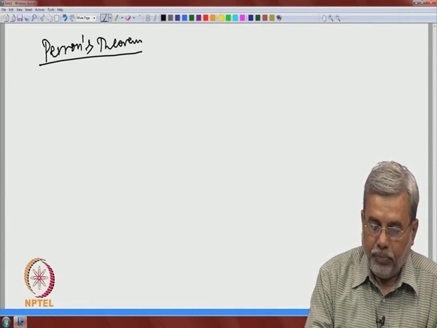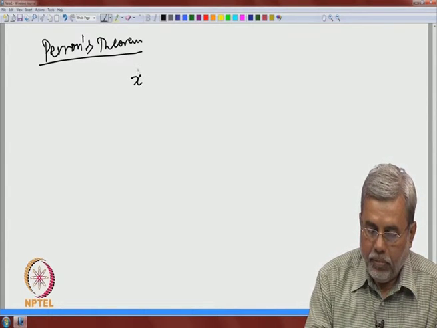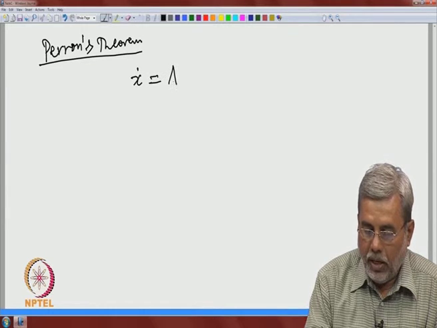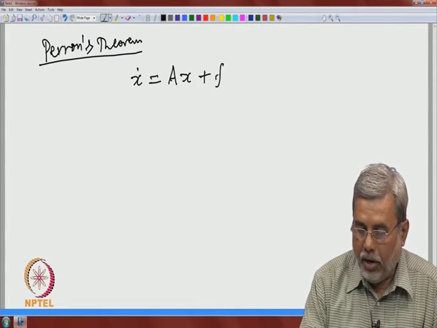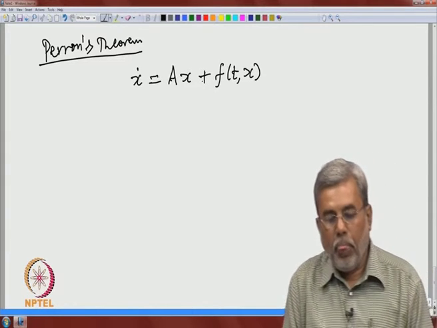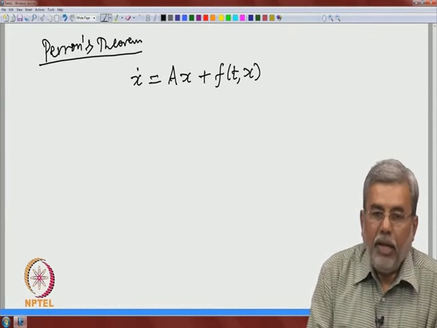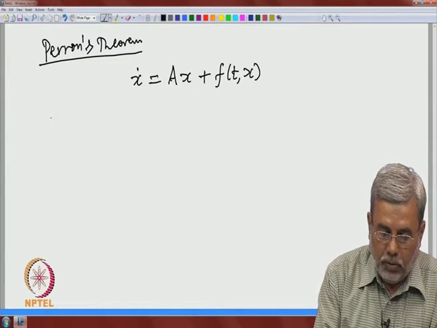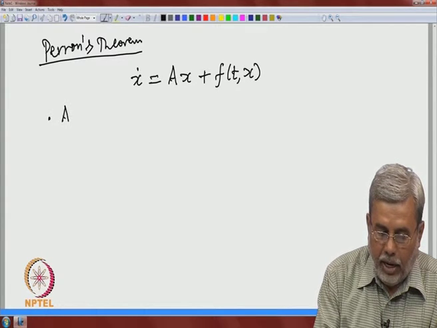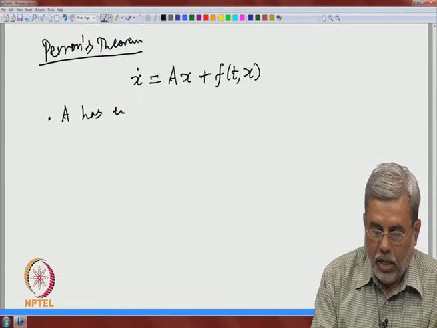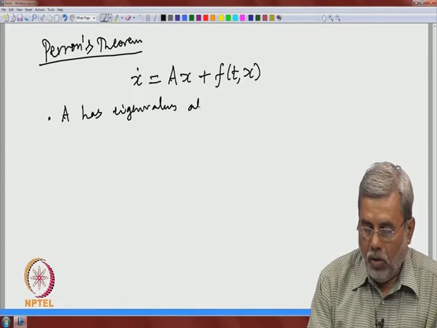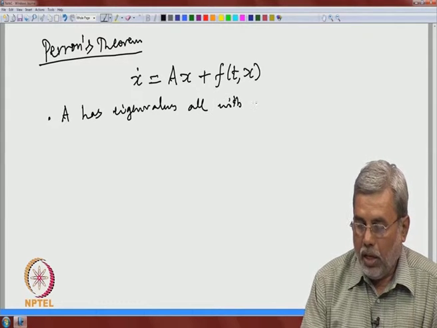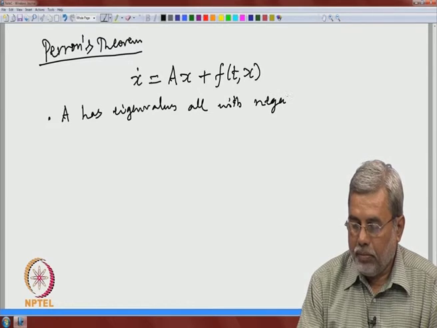Okay. So, we have this system, a linear system perturbed by a nonlinear term. So, this f is different. This is the system. The hypothesis on A: A has eigenvalues all with negative real parts.